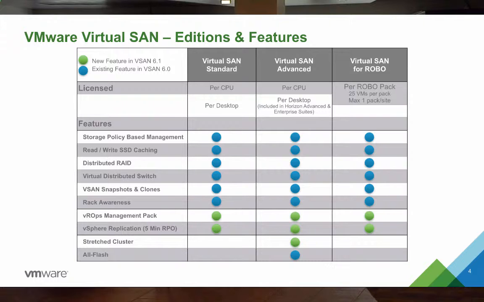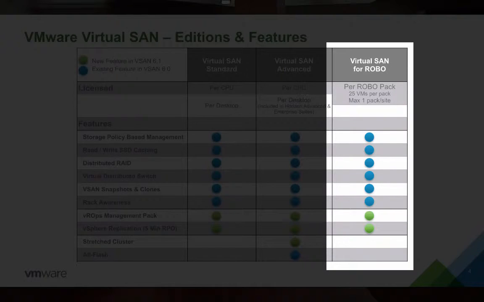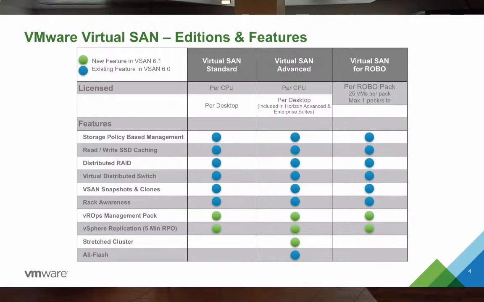But now if we look at ROBO, we see here that we're no longer going to be doing stretched clustering. So Virtual SAN for ROBO, again, it's 25 virtual machines per pack, maximum 1 pack per site.